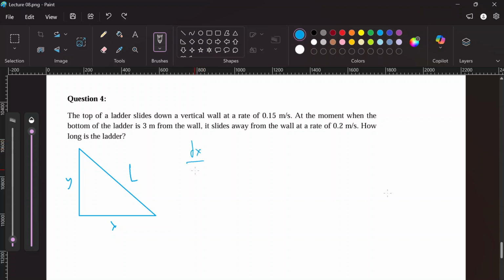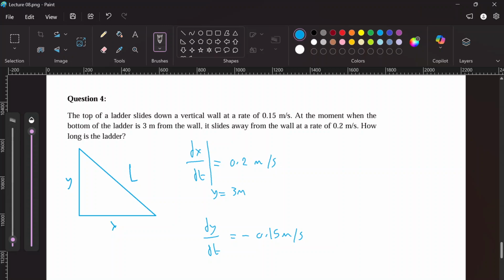This is given. And dy over dt equals negative 0.15, with a minus sign, right? So dy over dt equals minus 0.15 meters per second.